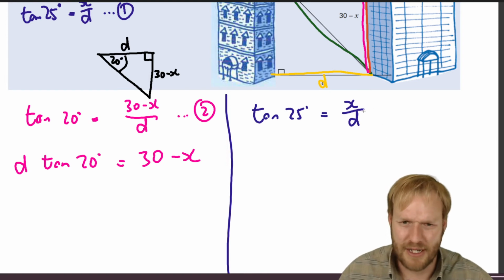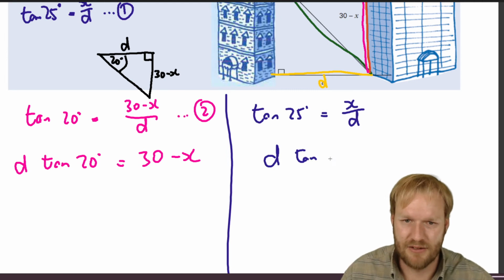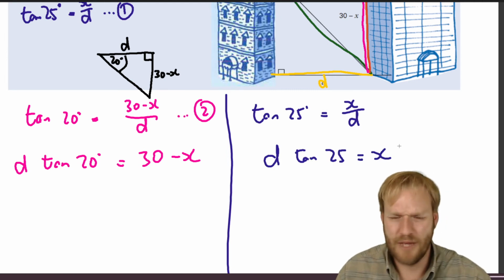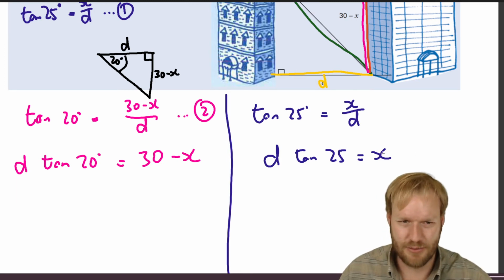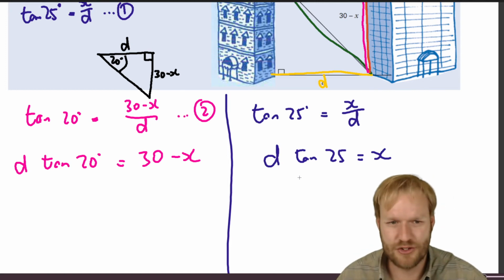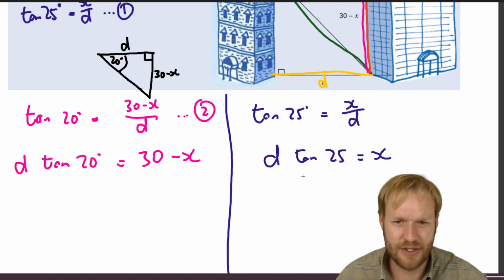Well, if we multiplied both sides by d, then d tan 25 equals x. Oh, well, maybe this would be useful enough. So let's put this version of x into the other one.